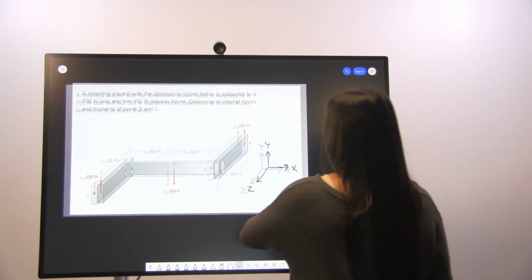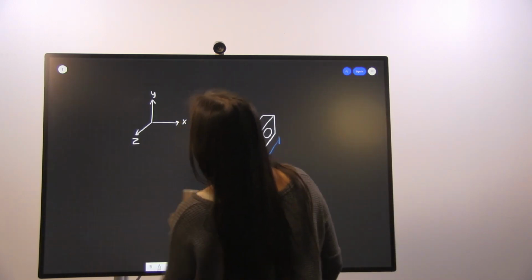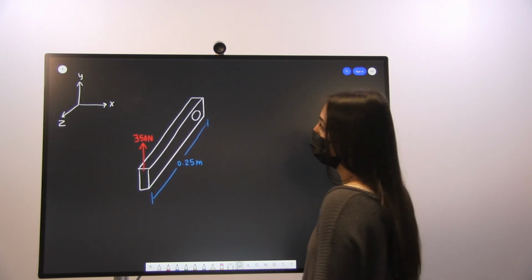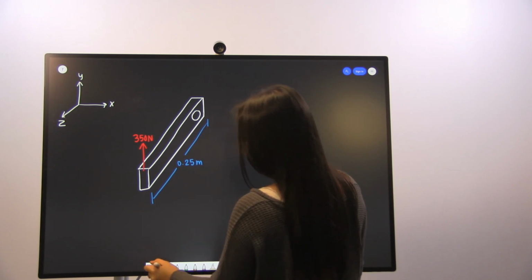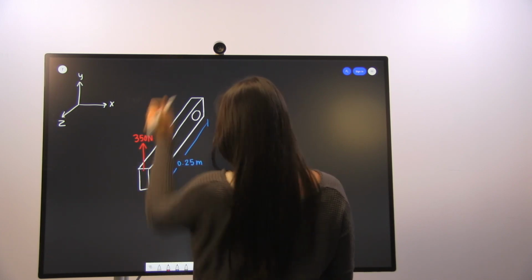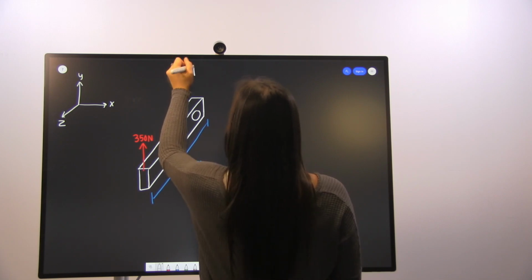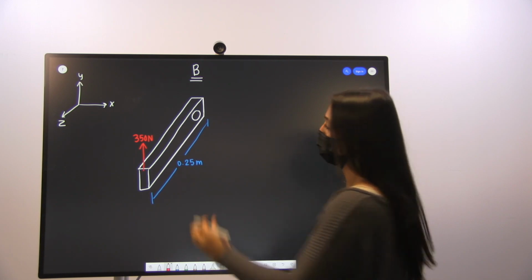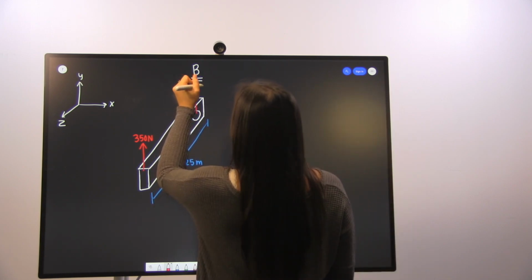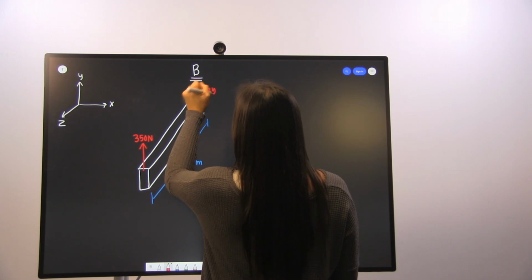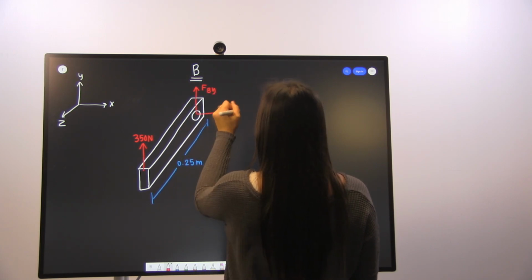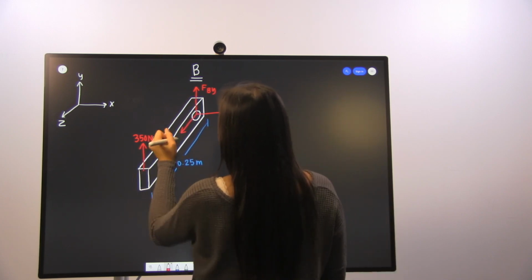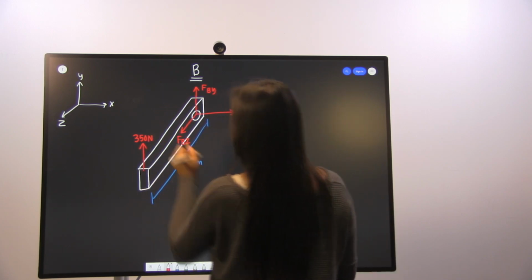So the first step in solving this problem is to determine the internal forces and moments we want to solve for. So I'm going to break it down, and we're going to start at point B. At point B, we're going to have forces in the y direction, in the x direction, and in the z direction.